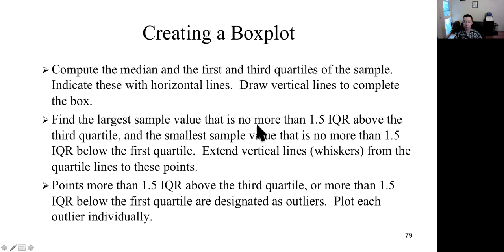Don't worry, we're going to show you an example. Then points more than 1.5 IQR above the third quartile, or more than 1.5 IQR below the first quartile, are called outliers, and we should plot outliers individually.